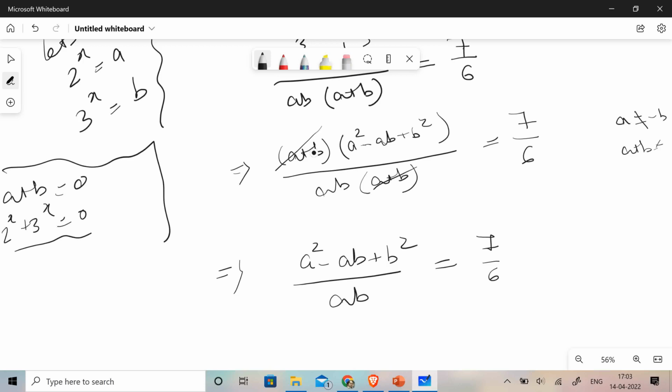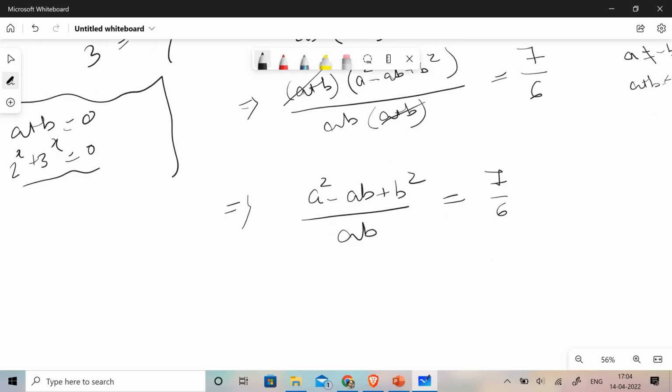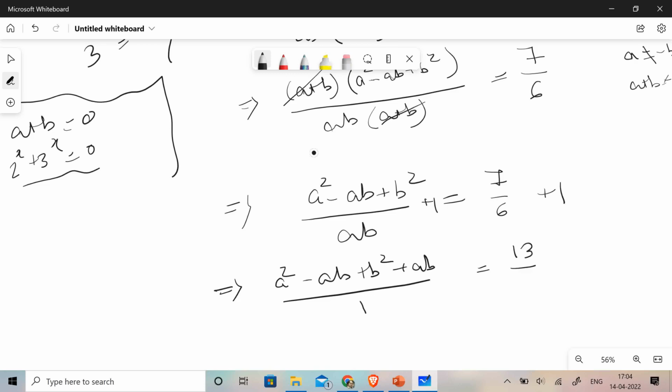Okay, now it seems very easy, and just by looking at it, we have a minus ab, and in the denominator we have ab. So probably what I would do is just add 1 on both the left hand side and right hand side. So I can do plus 1 over here and plus 1 over here, which basically will be a square minus ab plus b square and plus ab, and this would become 13 by 6.